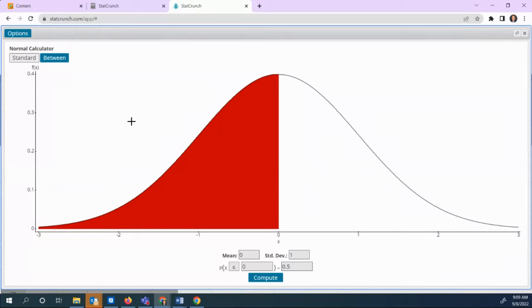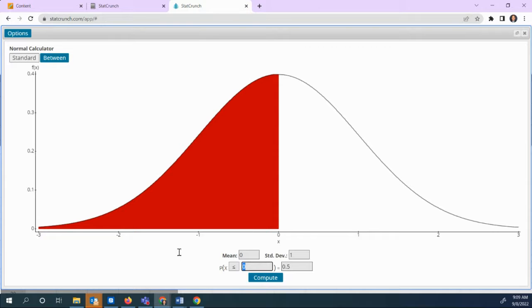So what I would recommend is when you have a z-score, you already have what we'd call the standard normal distribution. We're assuming that weights are normally distributed, and we can just use this one with an average of 0 and a standard deviation of 1. This is the standard normal distribution. So you could type in your z-score right here and get the percentile rank.